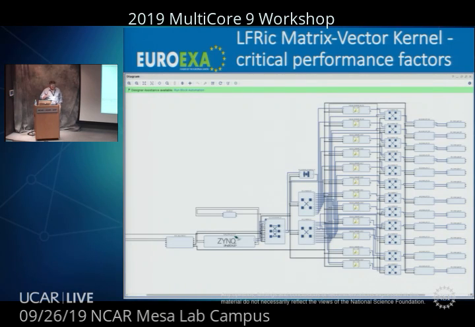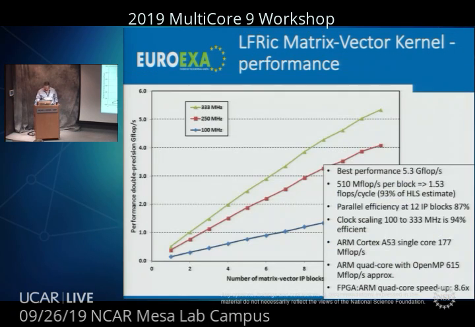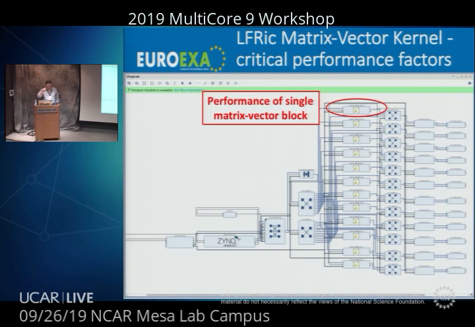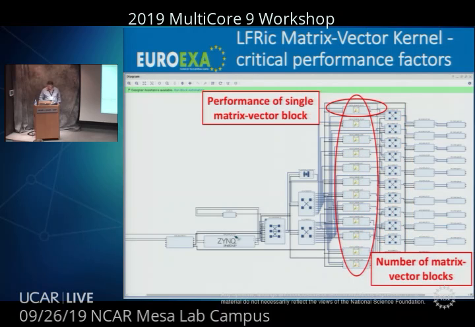There are 3 factors which you can isolate which determine the performance that you're getting. I should have said the headline figure here is 5.3 gigaflops, double precision. 3 critical factors here: the performance of an individual block, how many blocks we can fit onto the FPGA, that's an obvious factor, and the clock speed.